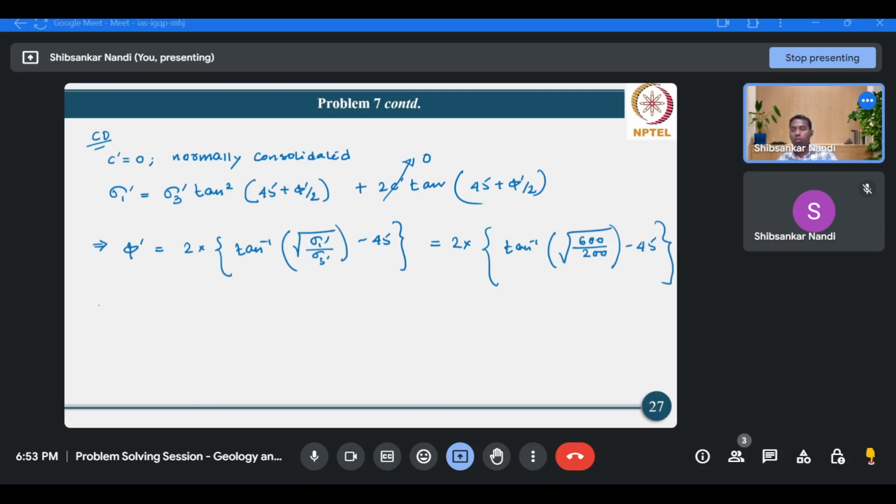So your phi prime value would be 30. Okay, so we have obtained the drained shear strength parameters from the consolidated drained test data.